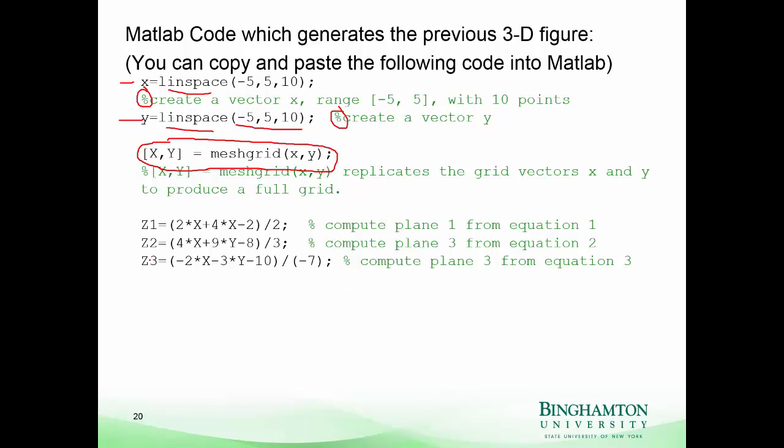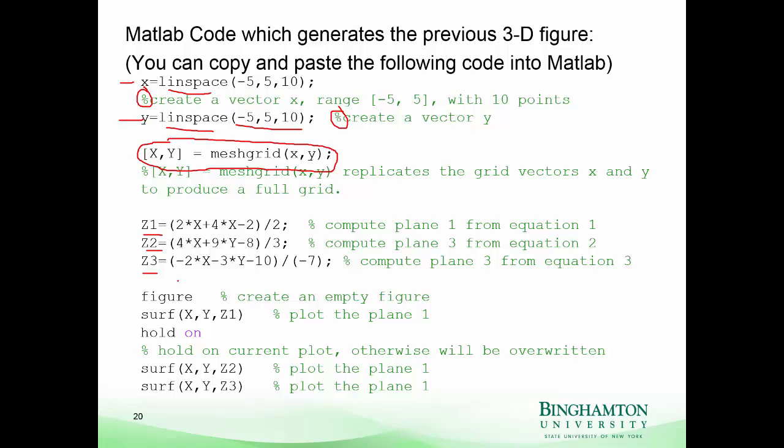And then we evaluate the z, so we have to solve the equations for z is equal to a function of x and y. So very similar to what we did for the 2-dimensional case where we solved y is equal to mx plus b. Here we're doing the same kind of thing, except it's z is equal to some coefficient times x plus some coefficient times y plus some constant.